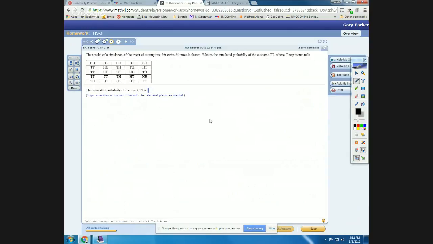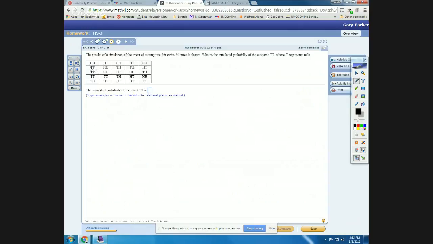All right, number 3. The results of a simulation of the event of tossing 2 fair coins 25 times are shown below. So here they're using the experimental version of probability. What is the simulated probability of tail-tail, or TT, where T represents a tail? So then they just want to look at this and say, how many times did TT come up?